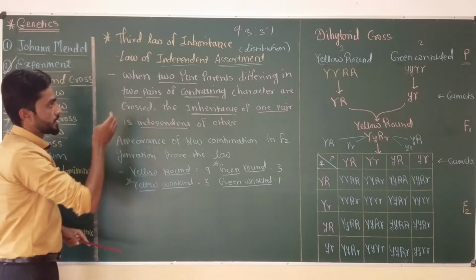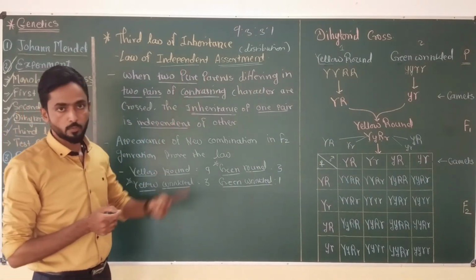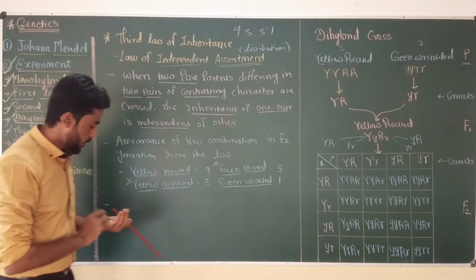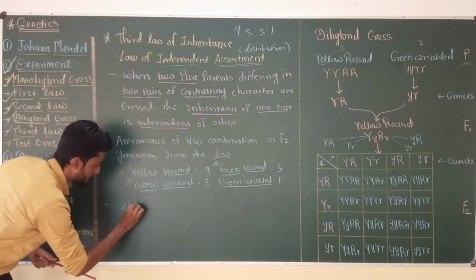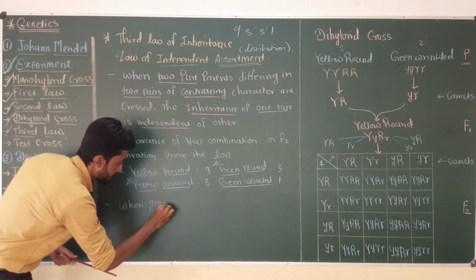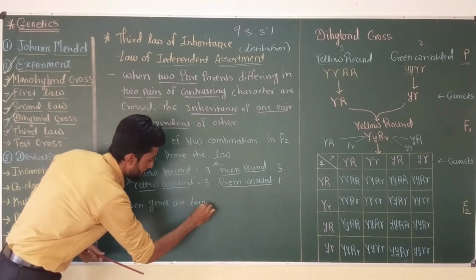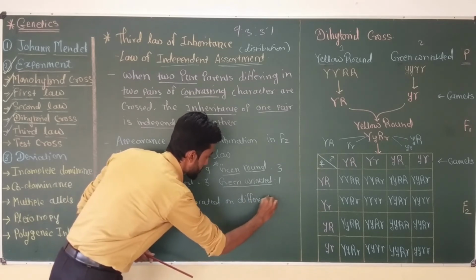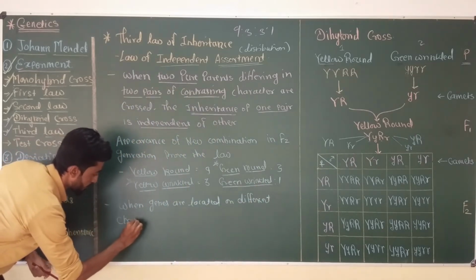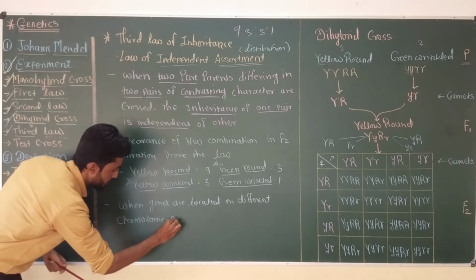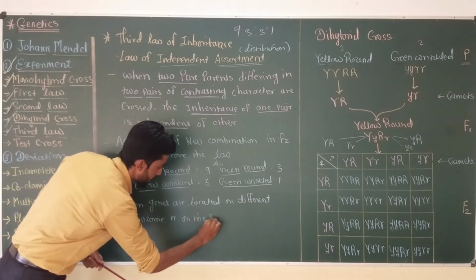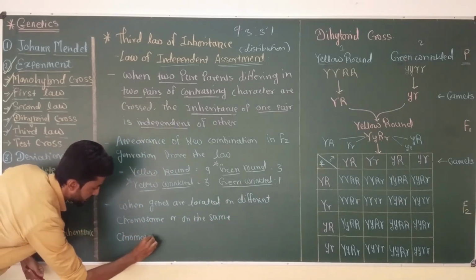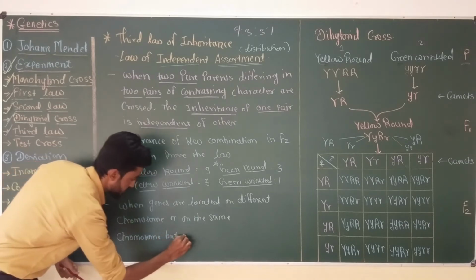Another important point that we have to discuss at the time of the independent assortment law is that this independent assortment of genes is only possible when genes are located on different chromosomes, or on the same chromosome but distance apart.